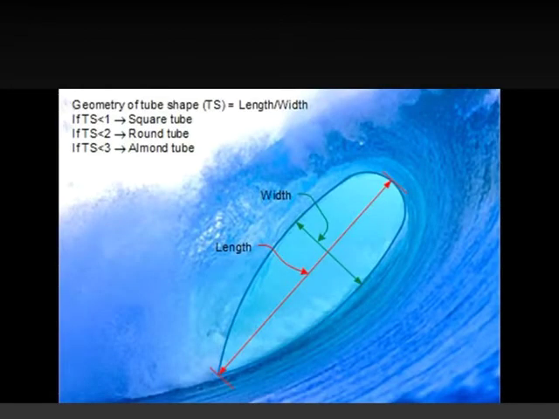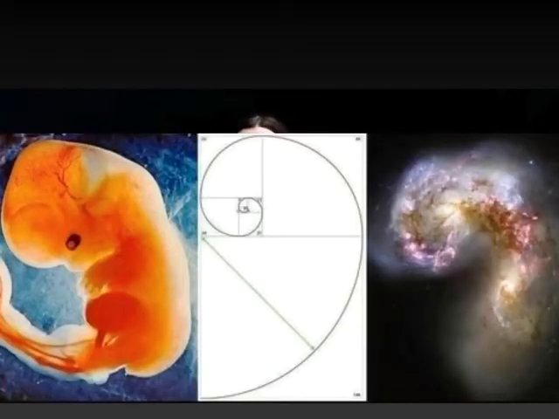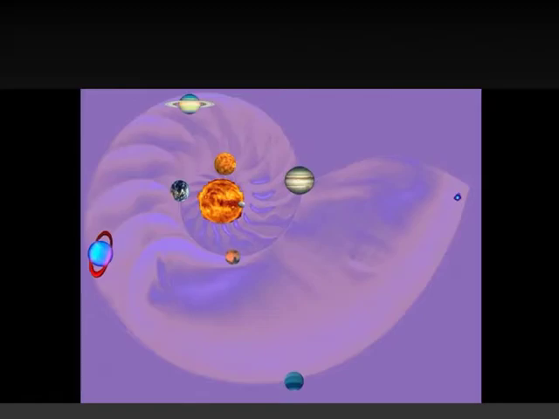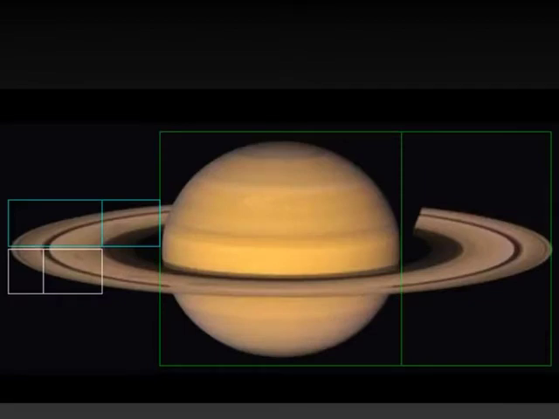Even the waves can be measured using this ratio. But it doesn't stop there. Modern technology continues to be mystified by the far-reaching scope of the golden ratio, from the alignment of the planets to the spirals of our Milky Way galaxy, as well as the spirals of other ratios in planets.